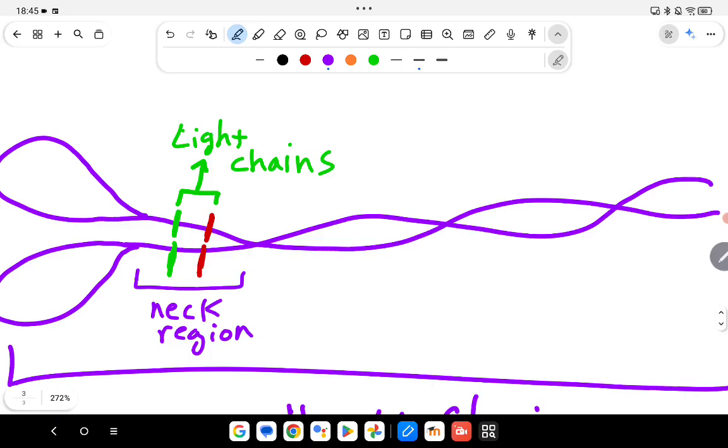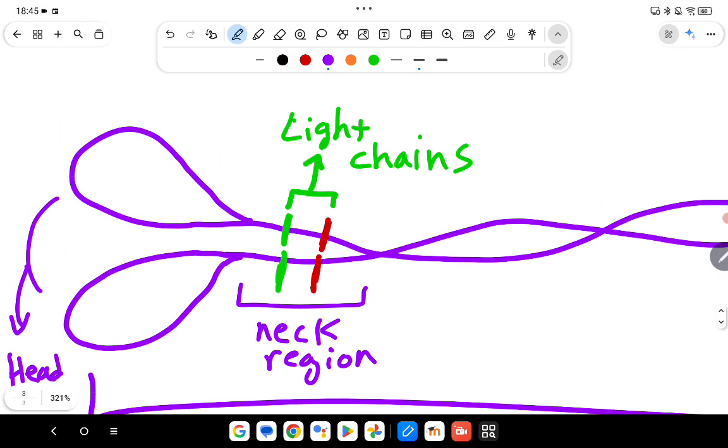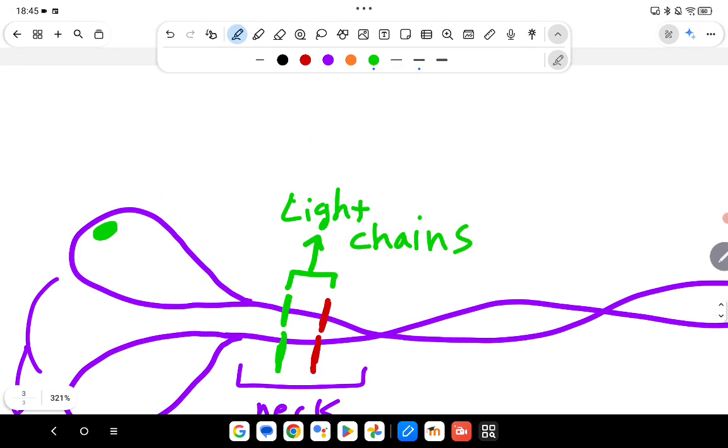Let me take a look. Here on each head, we have important places. Up here we have the actin. I'm going to use a different color. This is the actin binding site.